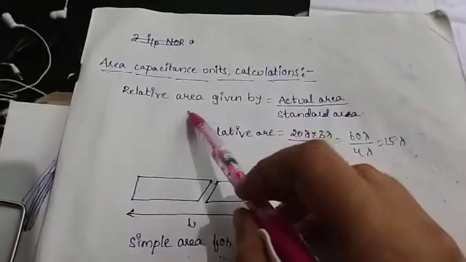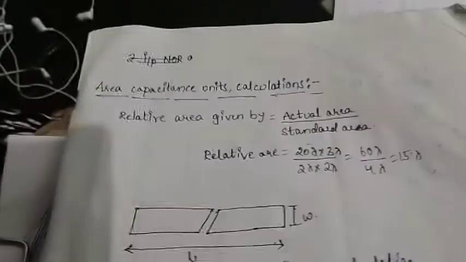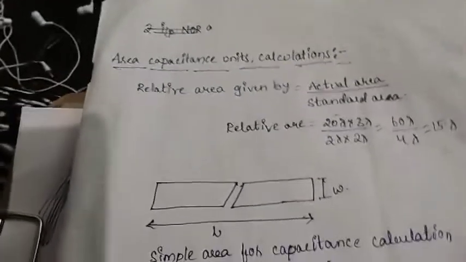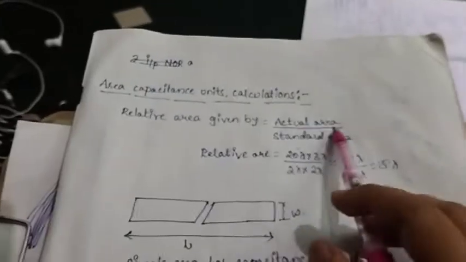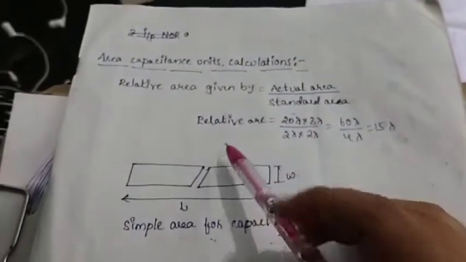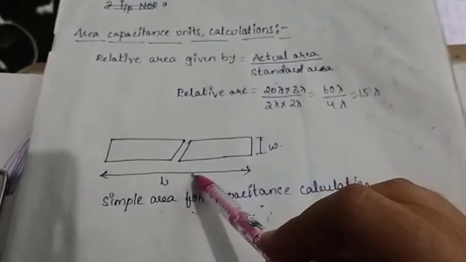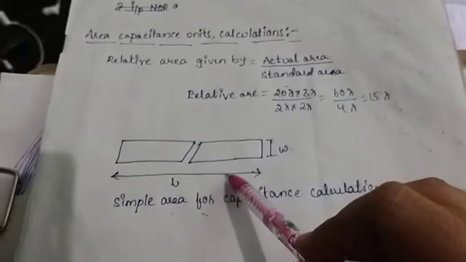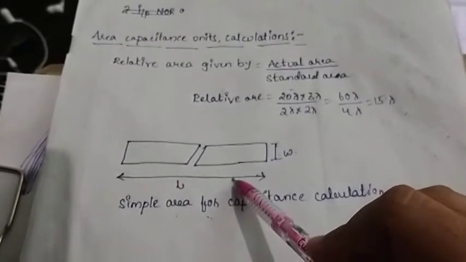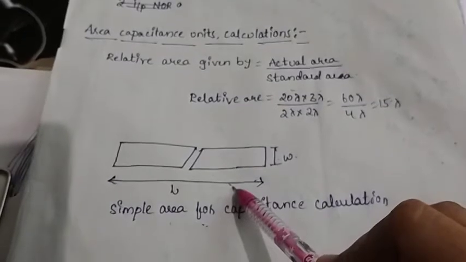The relative area is given by the actual area divided by the standard area. Let us consider the areas shown in this figure. We must calculate the area relative to the standard gate.